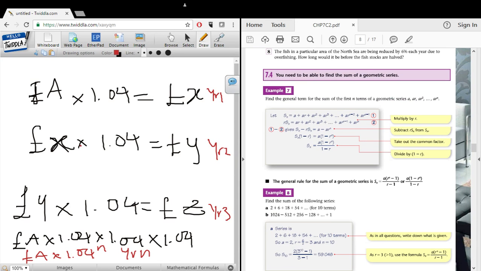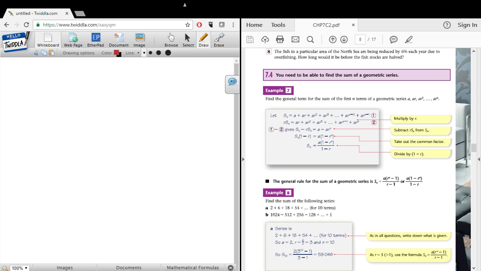So 7.4, you need to be able to find the sum of a geometric series. Find the general term for the sum of the first n terms of the geometric series A, AR, AR2, ... ARN. So here now we're talking about the sum. There was the sequence, and now there's the series.